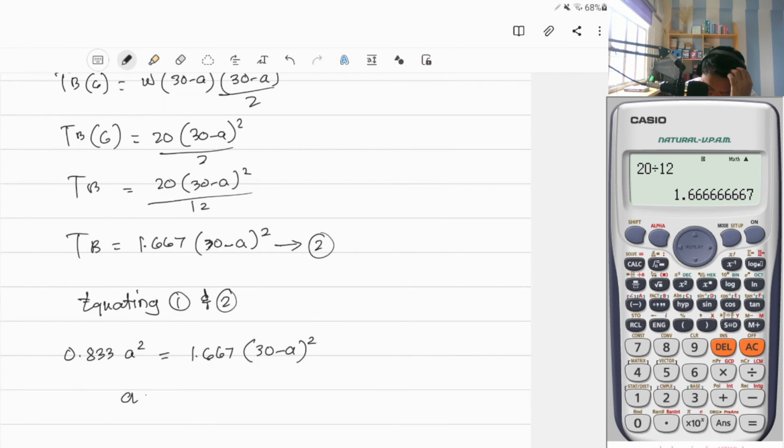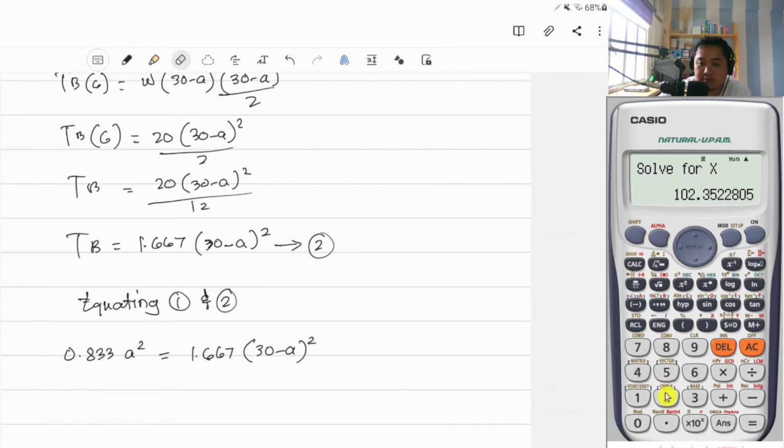So we can solve for A. Okay, let's solve. 0.833 alpha x squared equals 1.667 times 30 minus alpha x, squared. Shift solve.